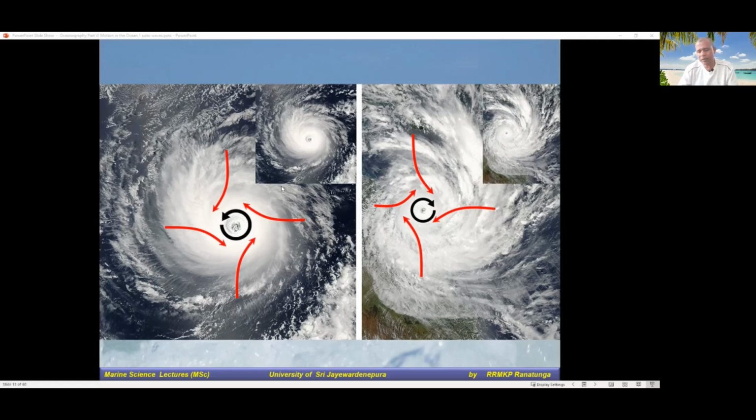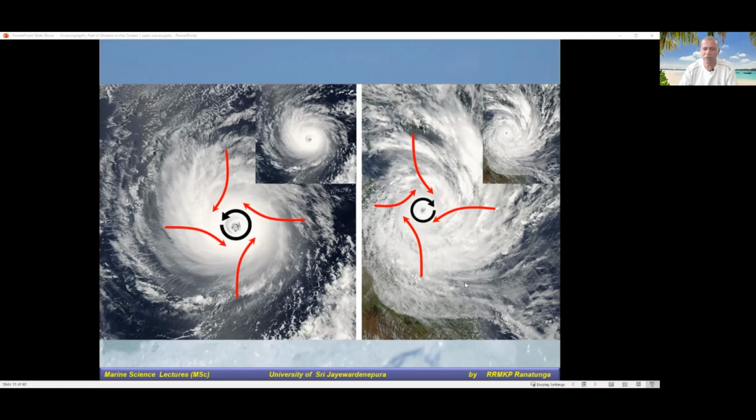So the direction of spinning of a cyclone is always one way in the northern hemisphere and the other way in the southern hemisphere, right?